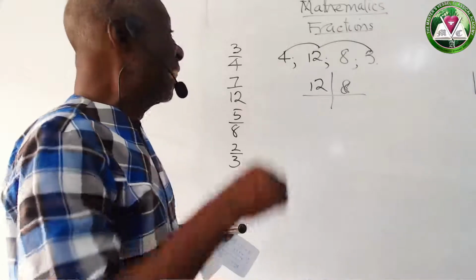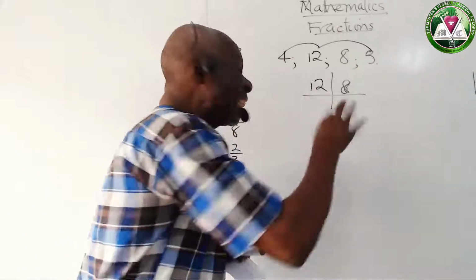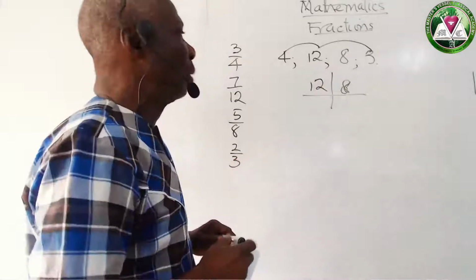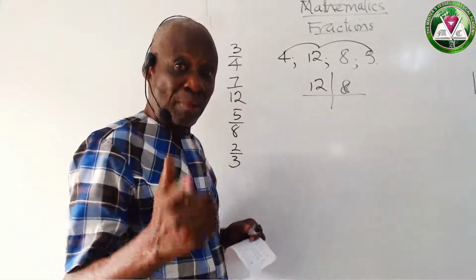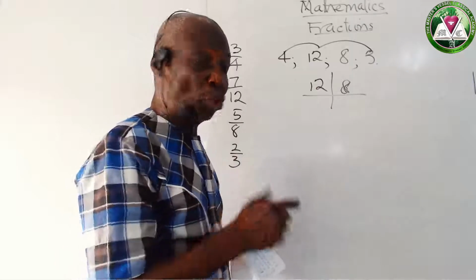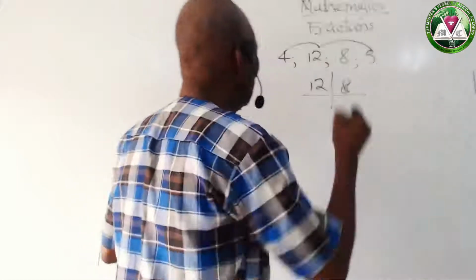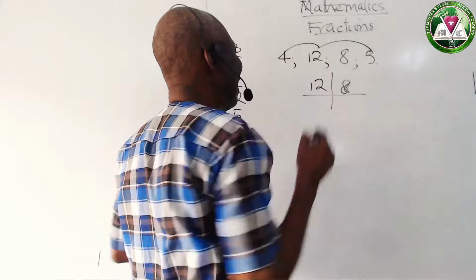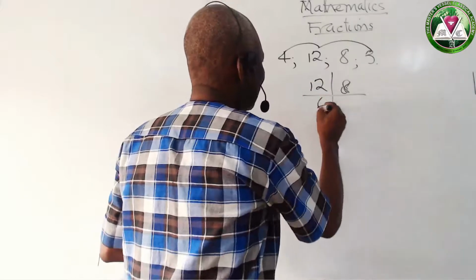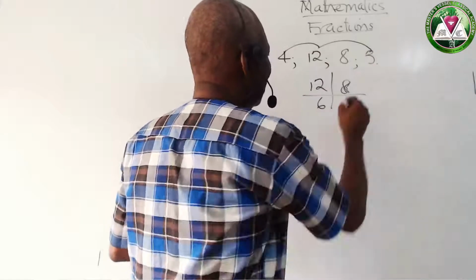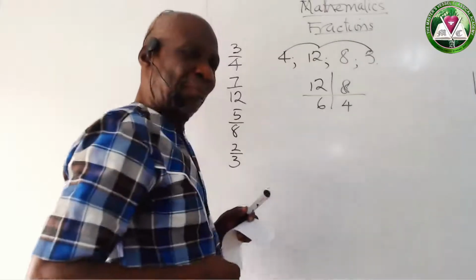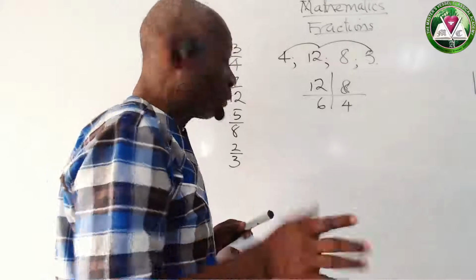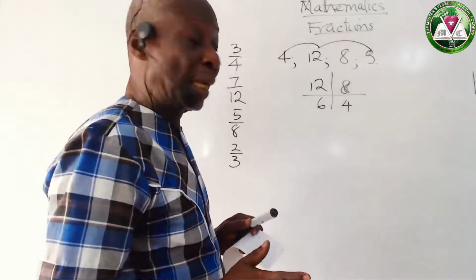Is there any number that can divide the 2 without a remainder? Remember, I told you we start with the prime numbers, and the first one we're using is 2. Let's try 2. 2 will divide 12 to produce 6. 2 will divide 8 to produce 4. Let's look at the numbers 6 and 4. Is there any number that can divide 6 and 4 without a remainder? That's what we're looking at.